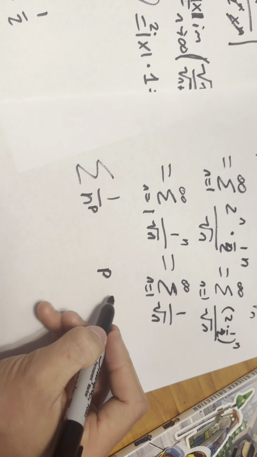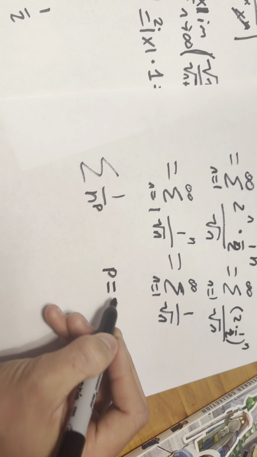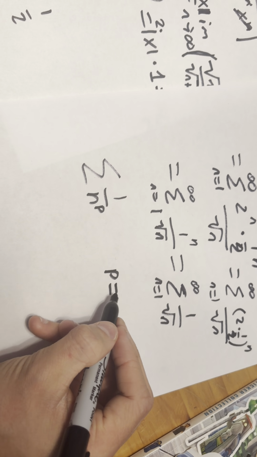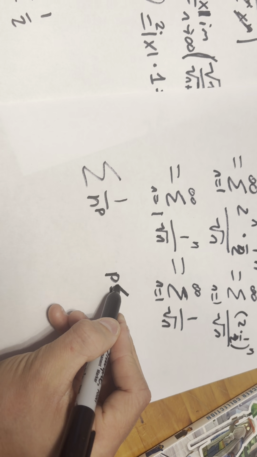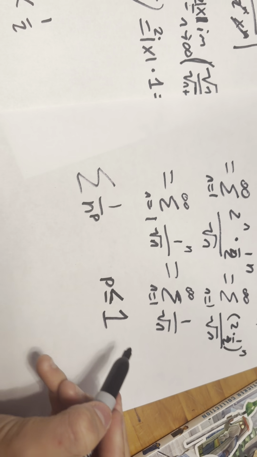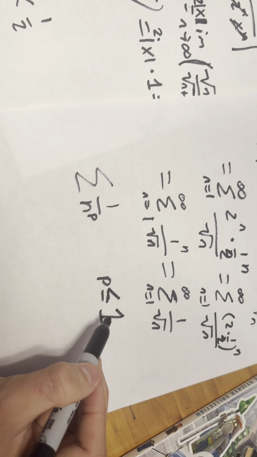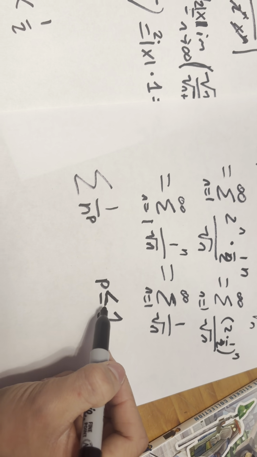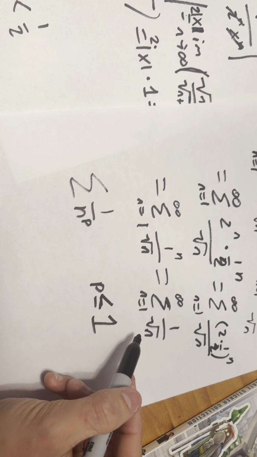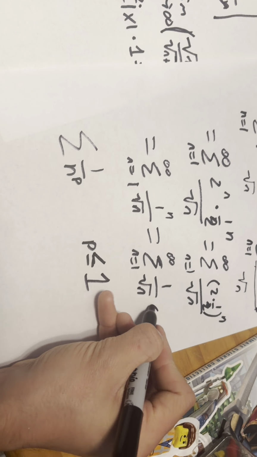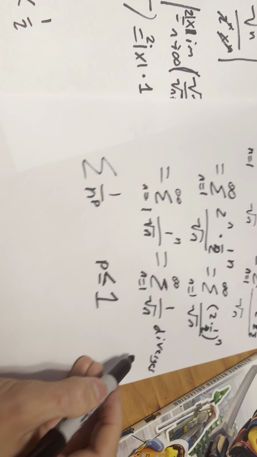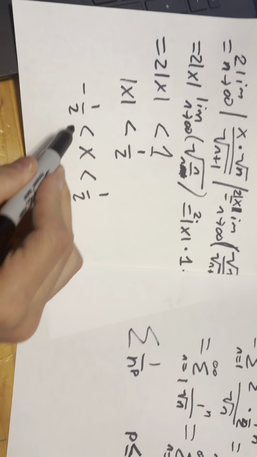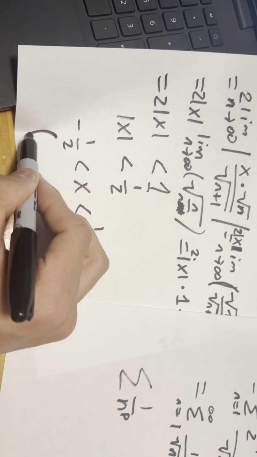The test says that if p is less than or equal to 1, then the series diverges. And 1/2 is less than 1, so this one diverges.